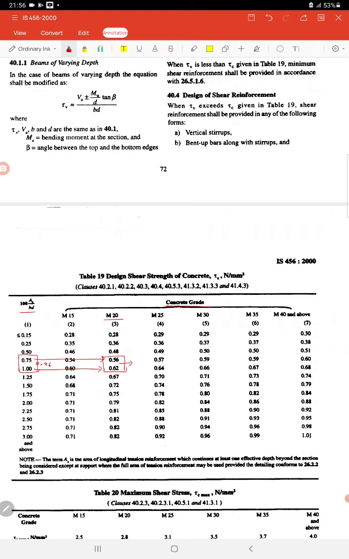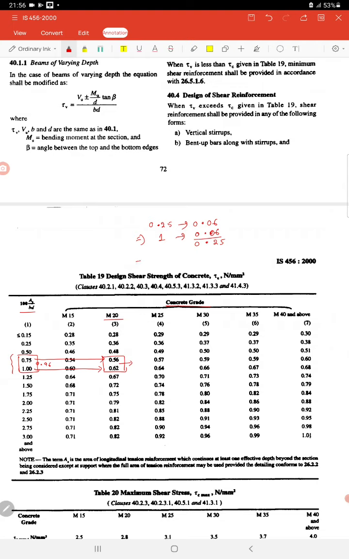What is the difference here? 0.25. And what is the difference here? 0.06. So for 1, what will be the difference? 0.06 divided by 0.25.